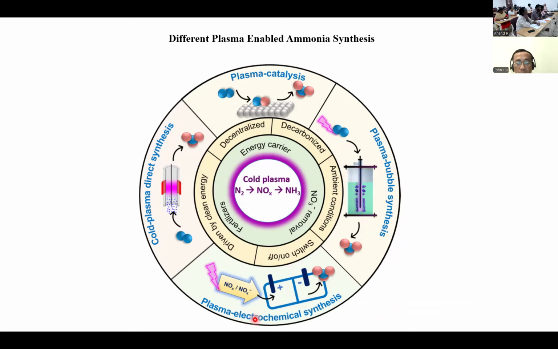Now you may be wondering, in the middle case, when I have NOx, how am I going to produce the ammonia? Oh, you can hydrogenate, but true, hydrogen gas costs you money. But there's a different way. You can combine plasma with an electrochemical process, which means using the plasma to generate the NOx and put that into the electrochemical cell.